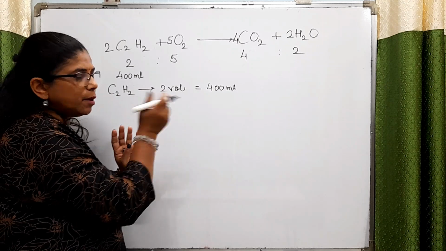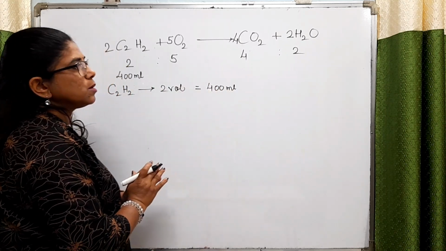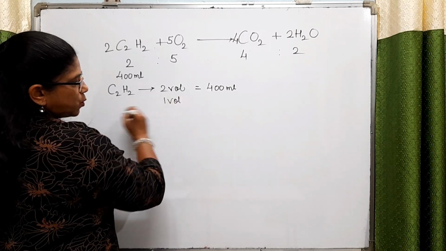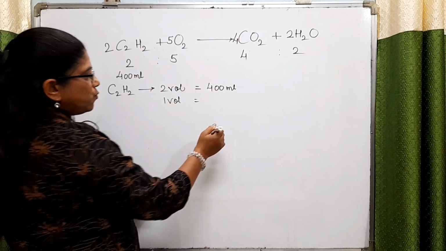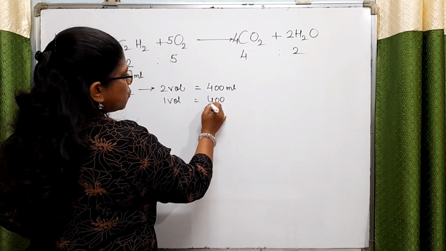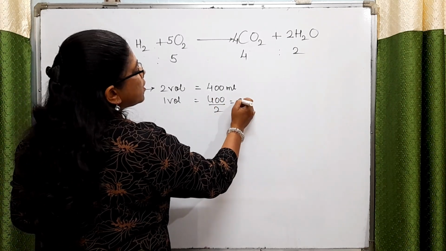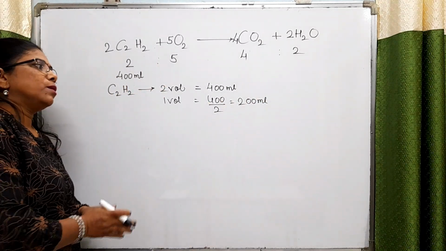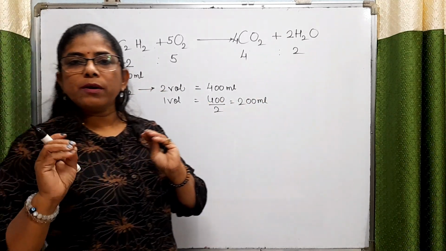What is the value of 1 volume here? If 2 volumes is equal to 400, 1 volume is equal to 400 upon 2, that is 200 ml. 1 volume is equal to 200 ml.